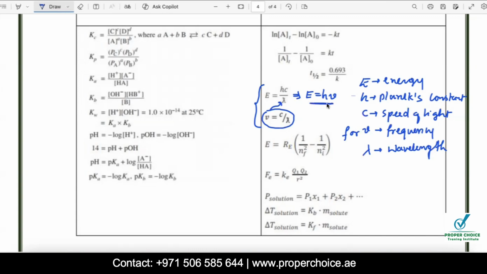I use it this way when the question asks me to solve for the frequency and energy relation. I use the other way if the question asks for the wavelength and energy relation, or to calculate the frequency if the wavelength is given, or the wavelength if the frequency is given.